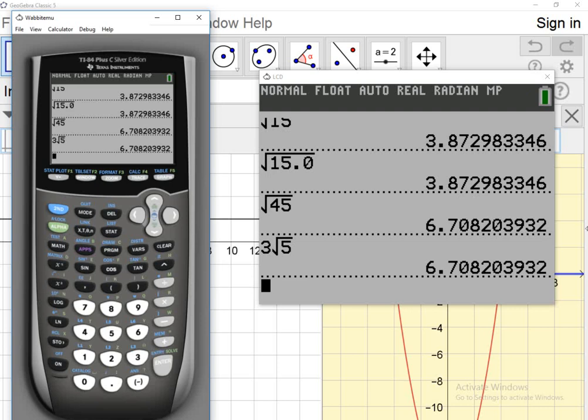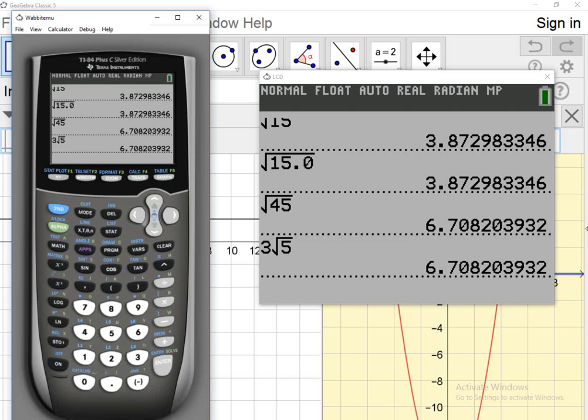Now, radical 45 and 3 radical 5 are equivalent symbols for the same number, right? We like this 3 radical 5 much better than radical 45, much like we like 1/2 better than 2/4.